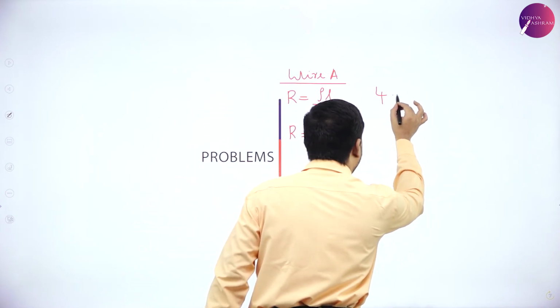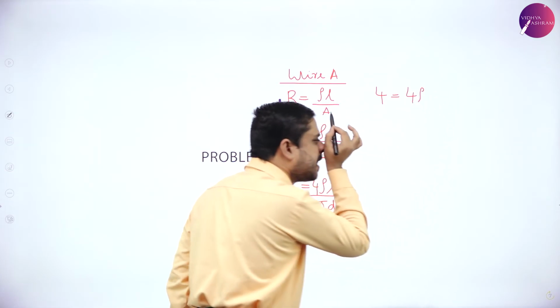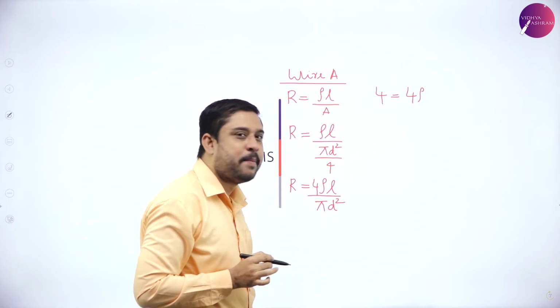So, 4 equals 4. Rho will not change. Resistivity remains the same.